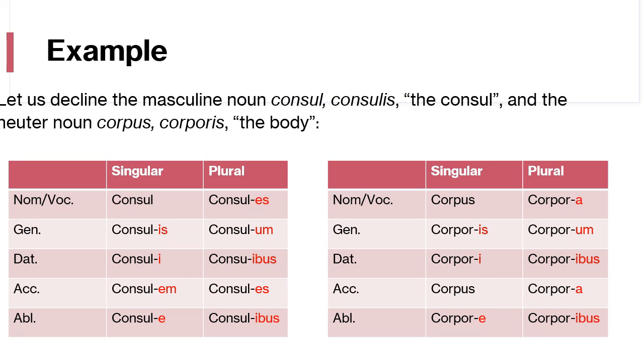A very recognizable ending is the -ibus, which is typical both of the dative plural and the ablative plural. As for the neuter, we can see that the nominative, the vocative, and the accusative are the same. In the plural, they share the ending -a, which is typical even for second declension nouns, and dative and ablative plural have this very recognizable ending -ibus.